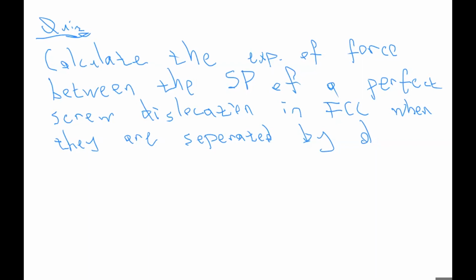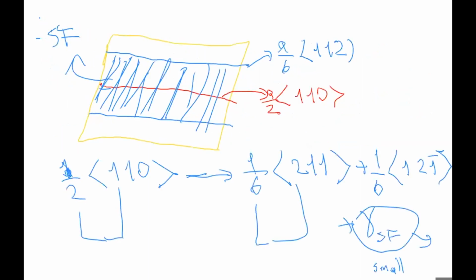Don't forget when they split. So if this is a dislocation, where is the Burgers vector? Burgers vector is along the dislocation line, right? So this is the Burgers vector direction. And which one is the tangent vector? For edge, they are always perpendicular to one another.